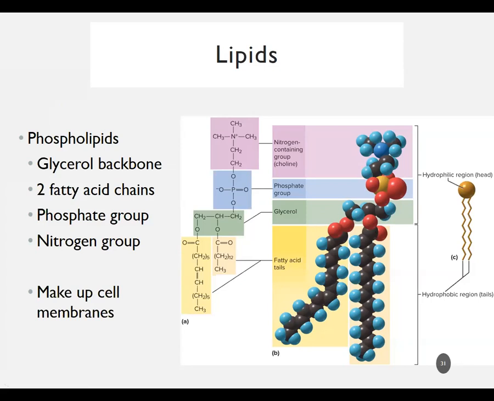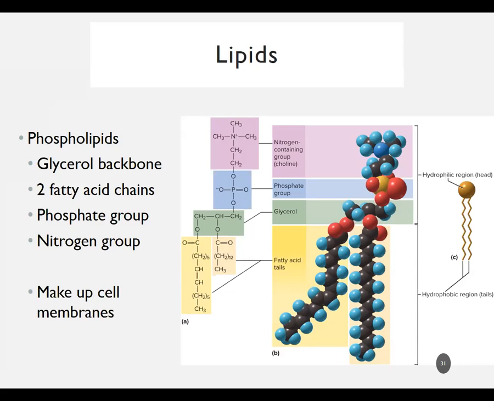And then the really important part of this is the phosphate group. We haven't seen phosphate in any other lipids yet, but phosphate is another one of those functional groups that I asked you to learn and memorize. That's where you have a phosphorus with 4 oxygens around it.